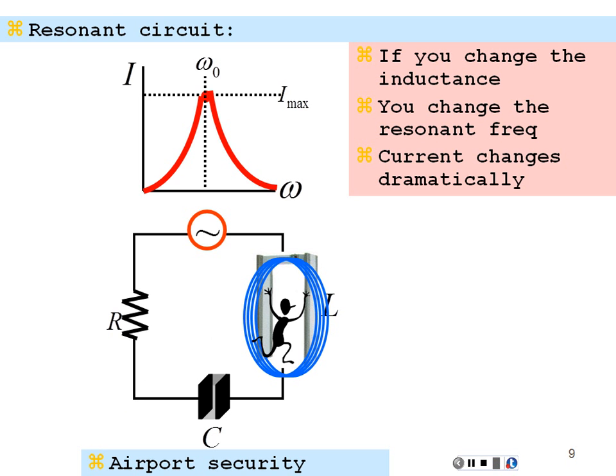And if it changes the inductance of a well-tuned circuit, then it's going to fall off of its maximum value. And if you have a beeper ready to go when the current falls off, you would know when the inductance had changed when somebody has metal on their person. So it's a great device to use for security at the airport.